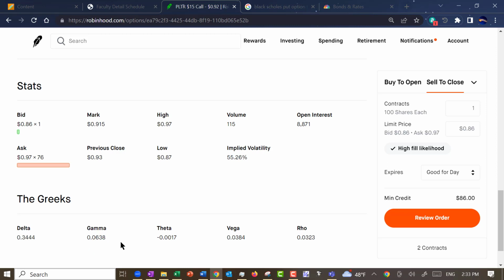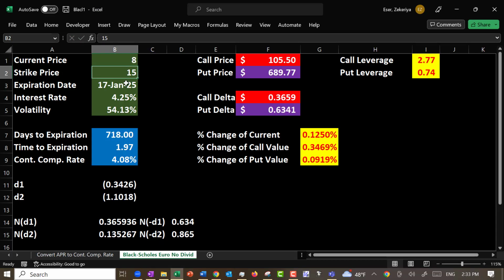Gamma is always positive, whether it's a put option or a call option. And if you're doing delta hedging, and if you don't worry about gamma, and the price moves by big amounts left and right, you're going to get whiplash. Okay? Every time price goes up, your delta goes up, which means you have to buy. Let's say price went up to $8 today. Delta went up to 36.59.